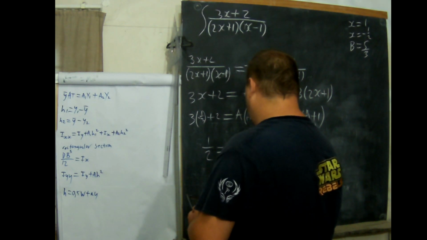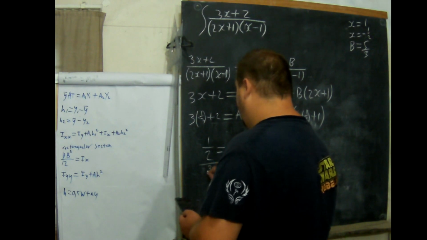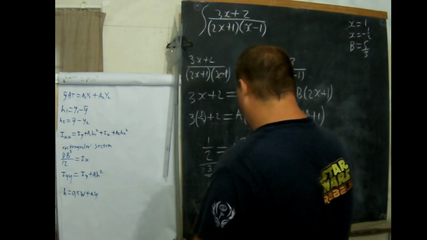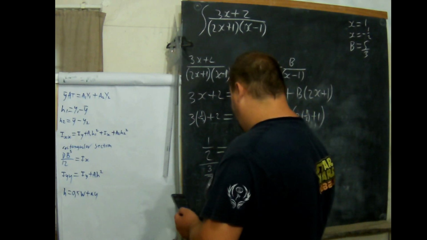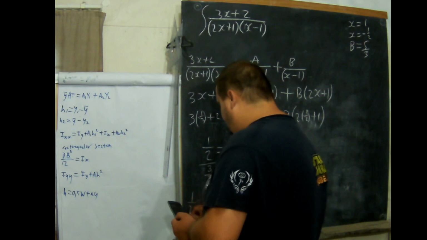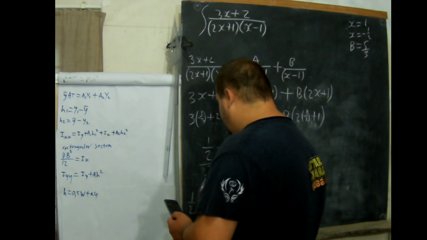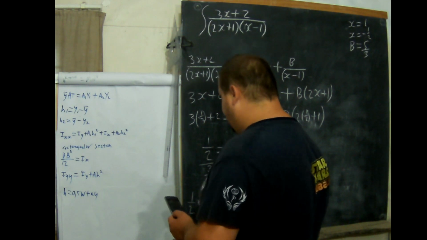So divided by 3 over 2, 3 over 2. Since this is a fraction, we flip it, and it becomes 1 over 3. So we flip the fraction, so it becomes half times 2 over 3, negative 2 over 3.